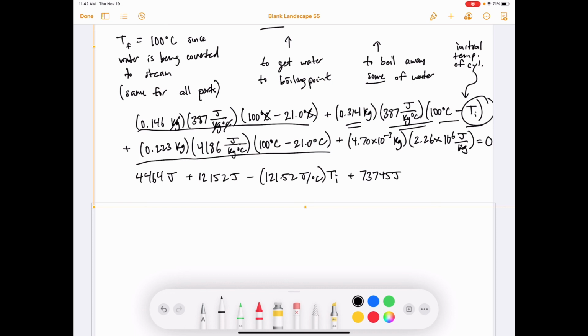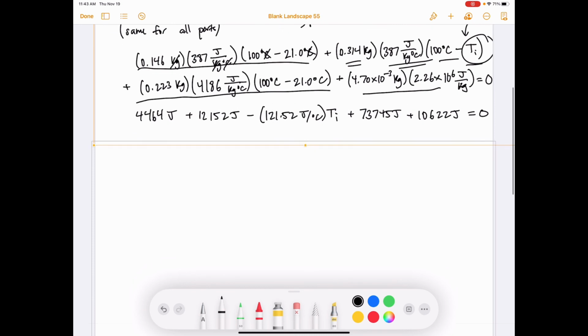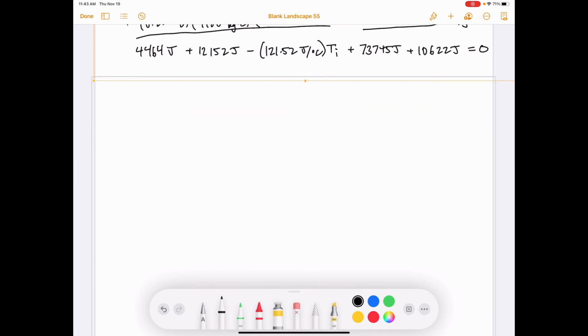And then this entire term is 10,622 joules. So that all equals 0. So basically, combine all the constant terms into one. So add this to this to this to this. You'll find that it works out to 100,983 joules.